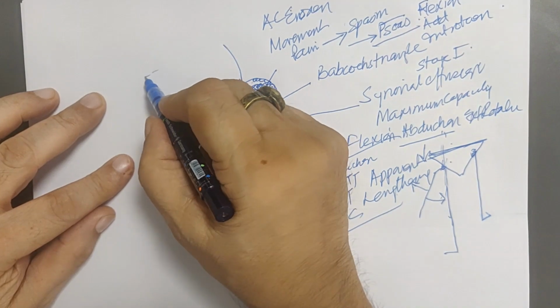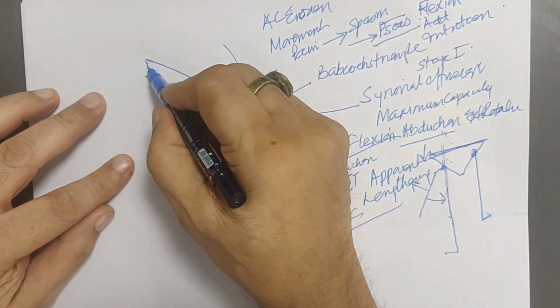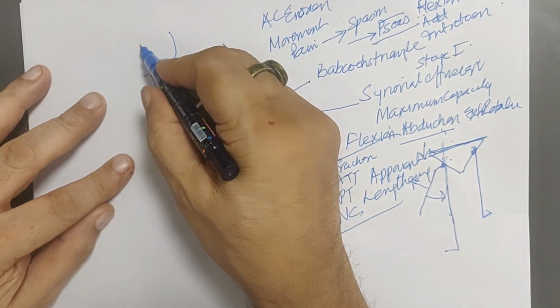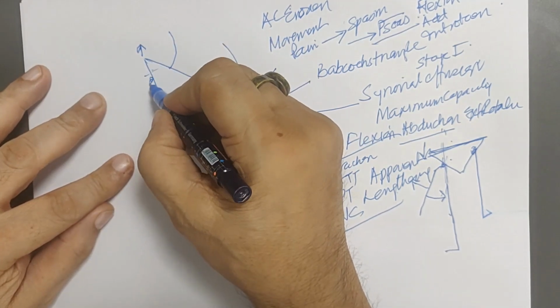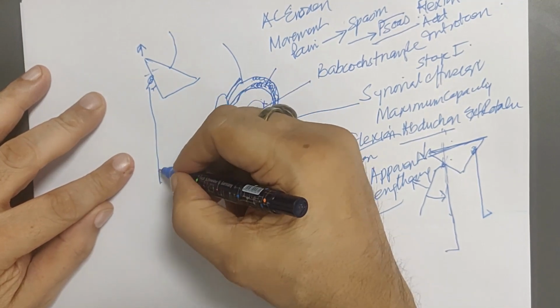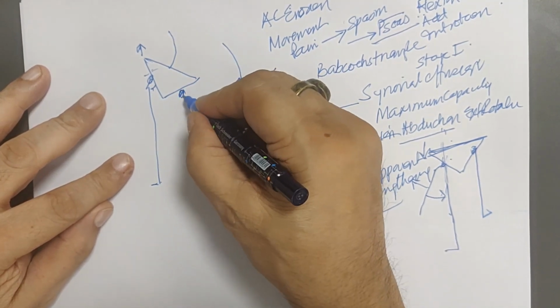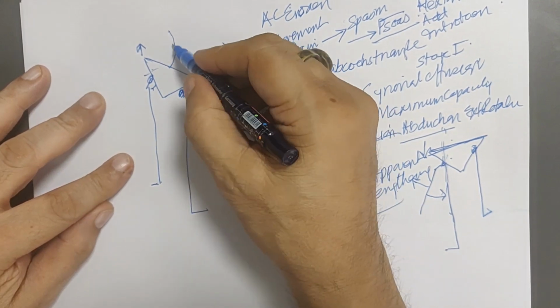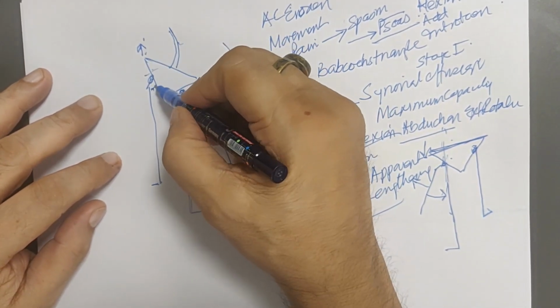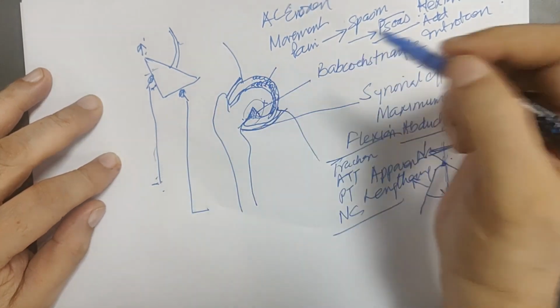Now you see, if there is adduction on the left side, then the spine will tilt this way, this ASIS will go higher to allow this adduction, and this limb will become shorter than that. So scoliosis, high ASIS, adduction deformity, apparent shortening.